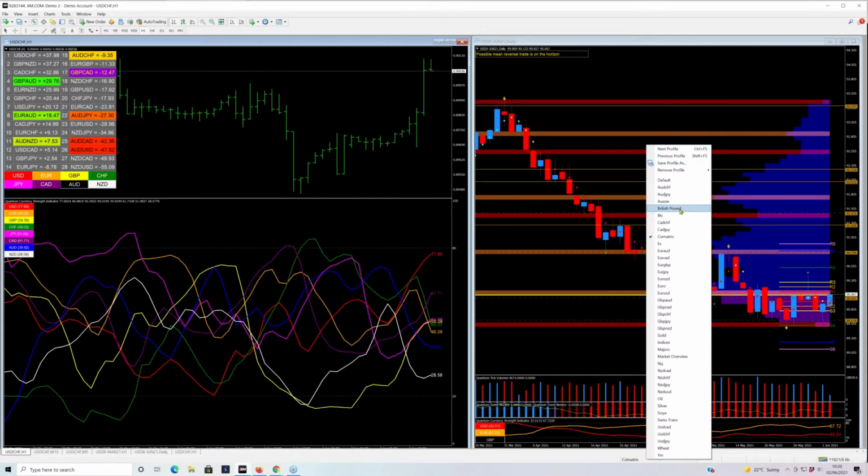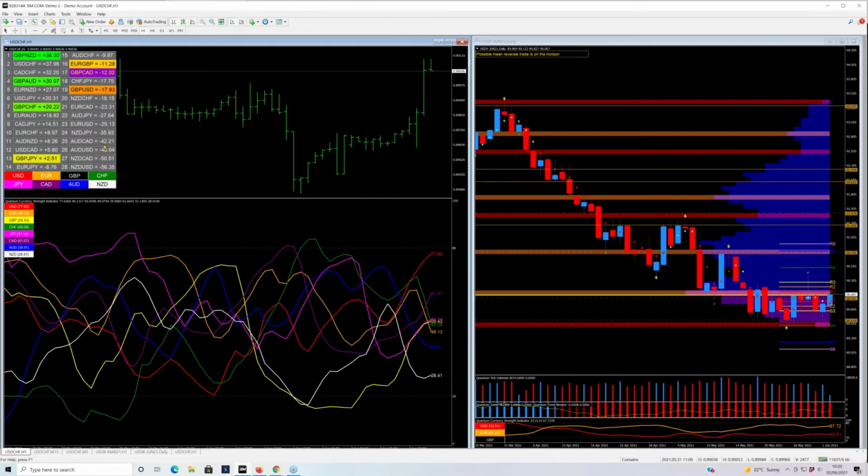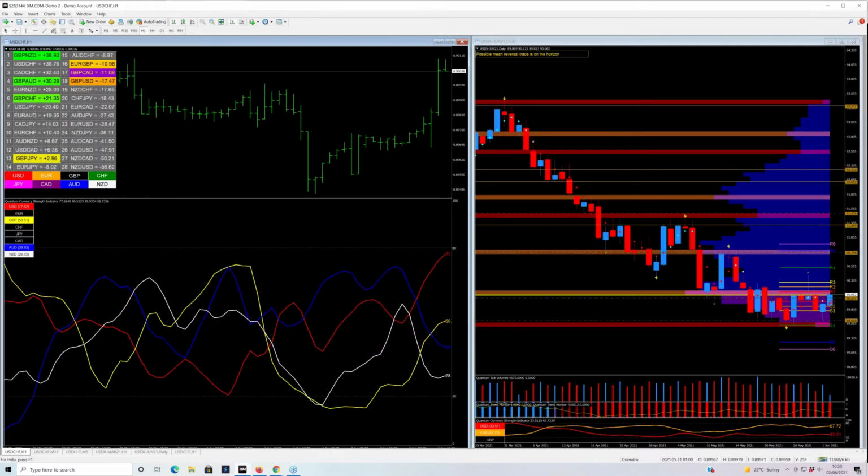I didn't really bother with the others. My other point is cable. That's interesting because we can see this strong buying in the dollar. But the thing with cable is you can see here. Let me just take that off, and you can see it better.